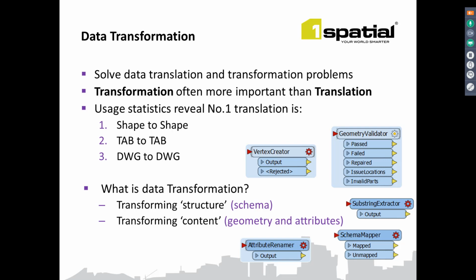And we can change the content of our data, so the geometry or the attributes. So we might create geometry from coordinates we have, or we might calculate new values from our attributes. And this is done with transformers in FME, so these little blue boxes of logic that we can see.